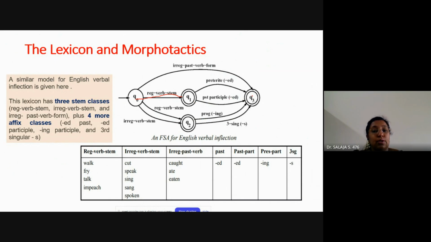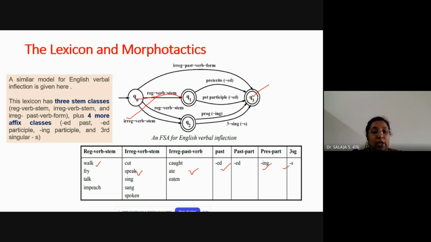I'll move on to the next state. Now what happens to an irregular one? An irregular one has different forms, ing and so on and so forth. All these three, the regular verb stem, the irregular verb stem, and the participle verb, everything where you add ed, ing, and s, is represented over here.